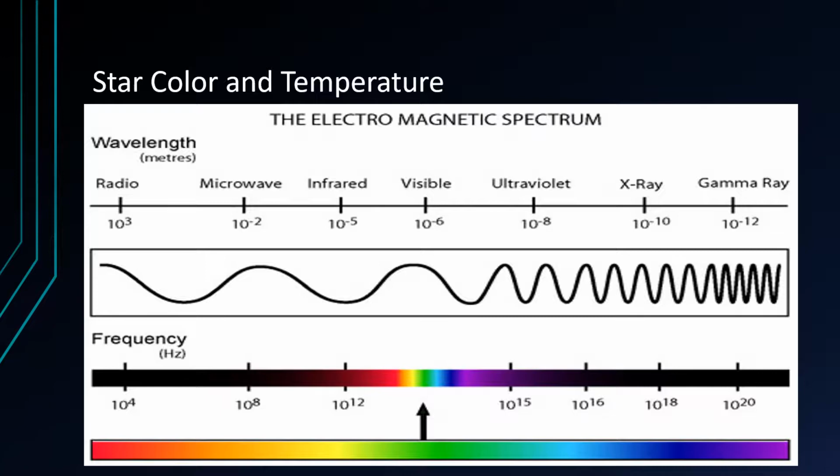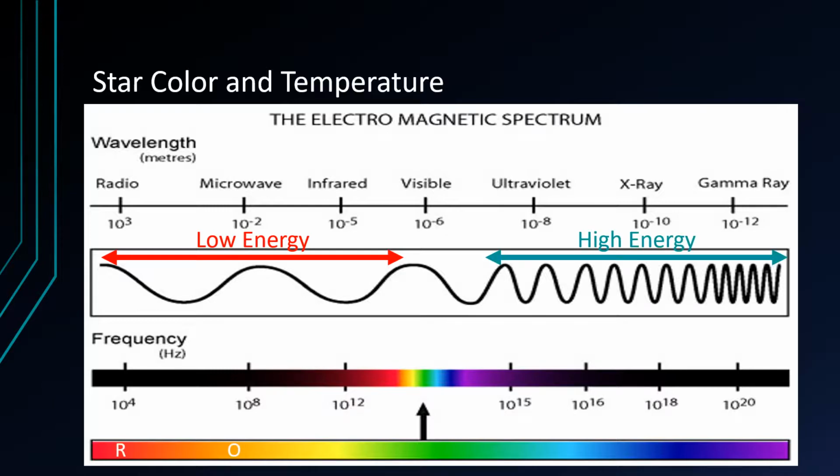So let's relate star color and temperature. Going back to the electromagnetic spectrum, if we remember visible light, this area right here has different colors dependent on the amount of temperature. Down here on the red end, it's going to be low energy, so lower temperatures.